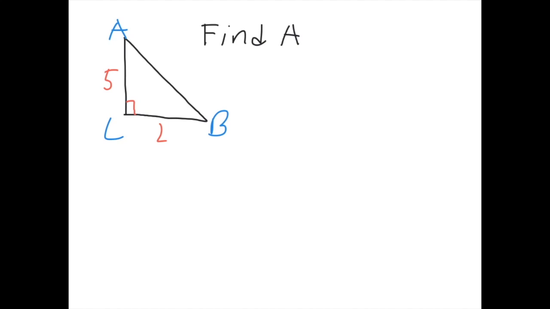You have to see what side are they relative to angle A. 2 is opposite angle A. So you have an opposite. And 5 is adjacent angle A. So you also have an adjacent.